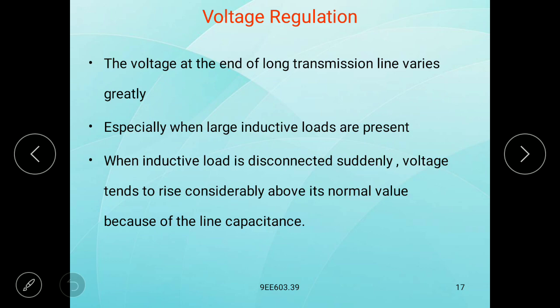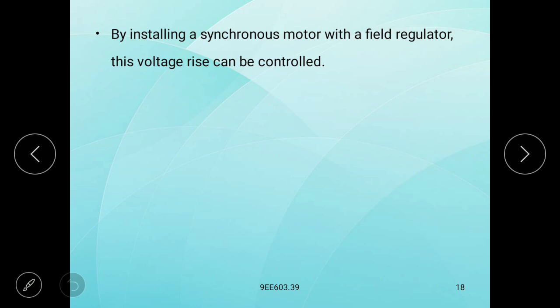When an inductive load is suddenly disconnected, voltage tends to rise considerably above its normal value because of the line capacitance. By installing a synchronous motor with a field regulator, this voltage rise can be controlled.